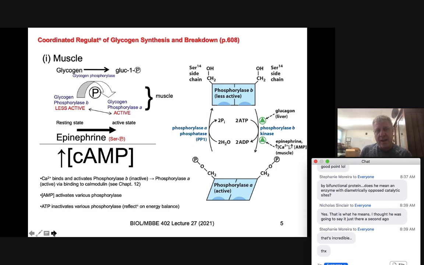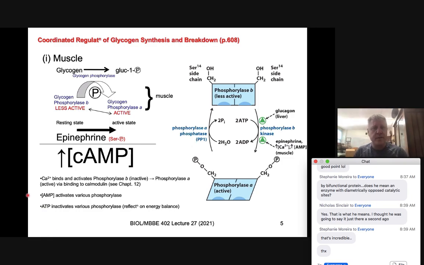So let's have a look at what happens in the muscle when we coordinate the synthesis and breakdown of glycogen, because we don't want to be doing both simultaneously. We want to be doing either one or the other. But note, we might be doing the opposite in the liver compared to what we're doing in the heart or the muscle. So again, different regulators in regards to these systems in different tissue types.